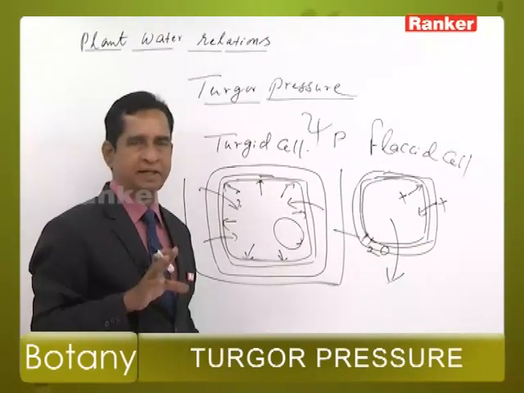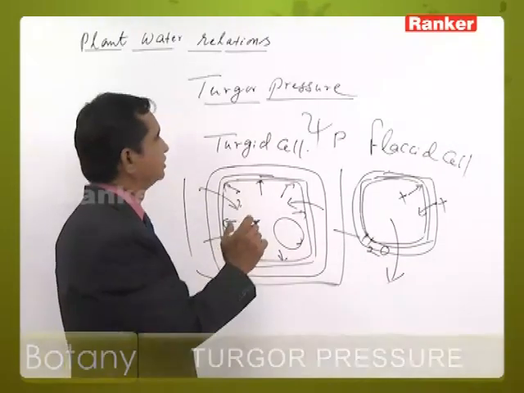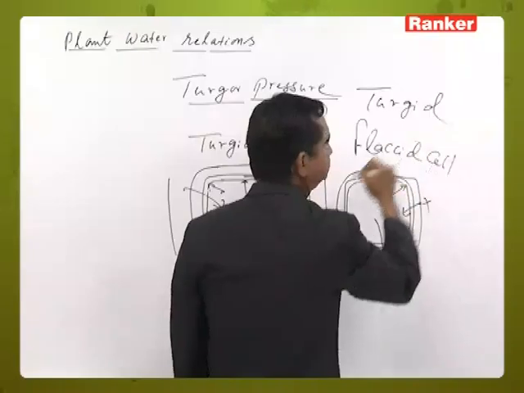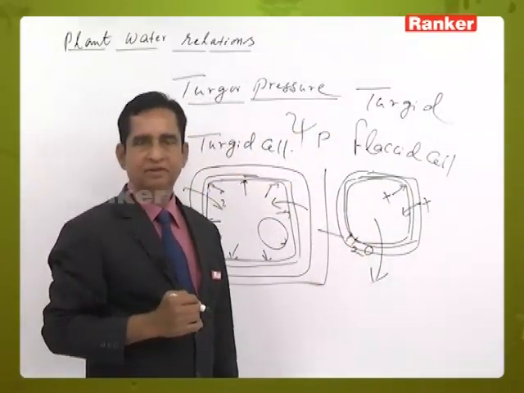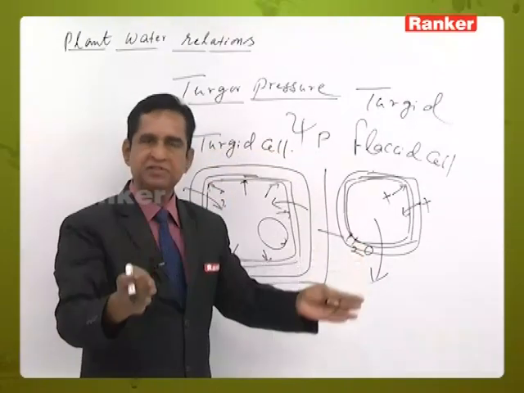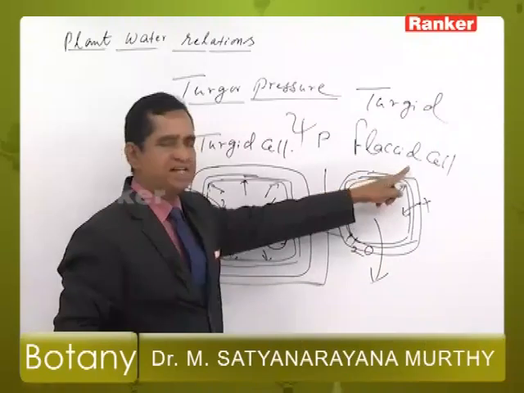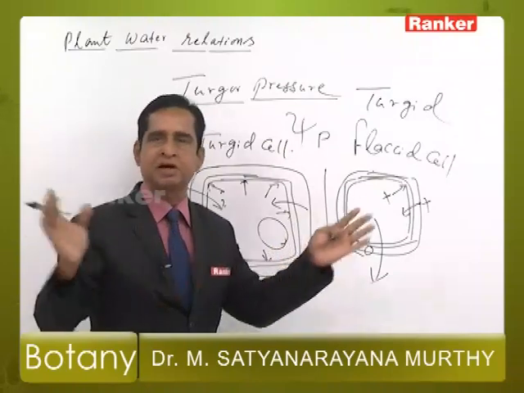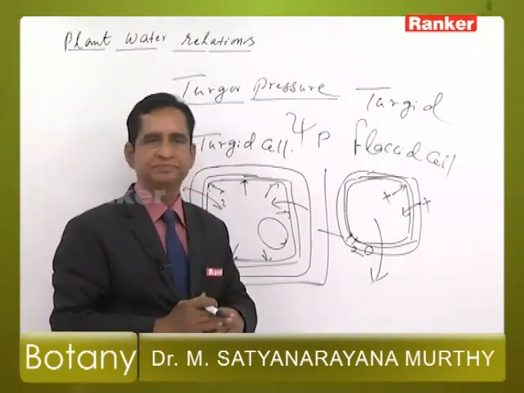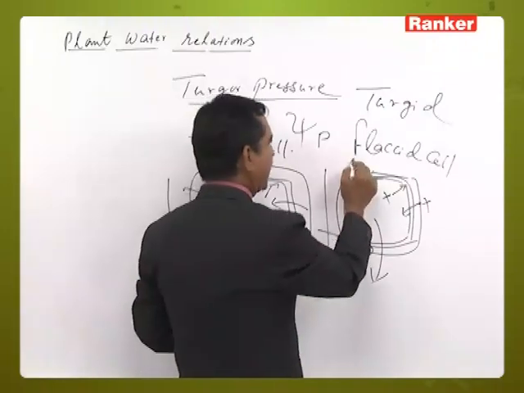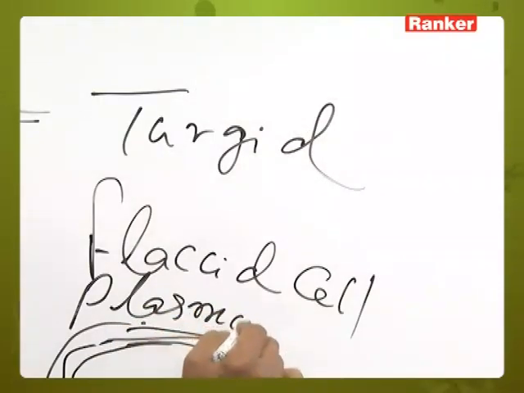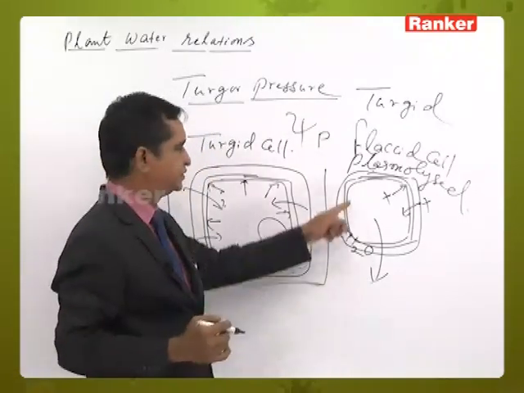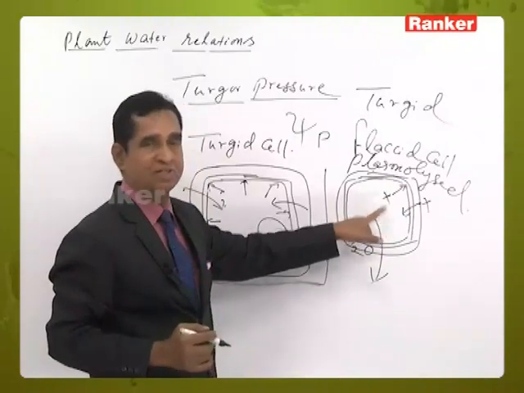So, the cells are in three states: turgid state, where the cell expands; flaccid state, where there is neither external pressure nor internal pressure; plasmolysed, means there is loss of water from the cell.